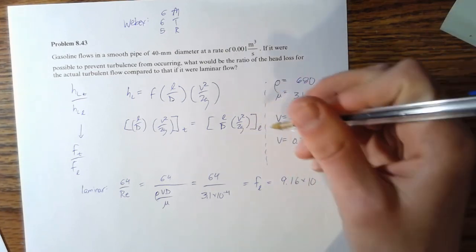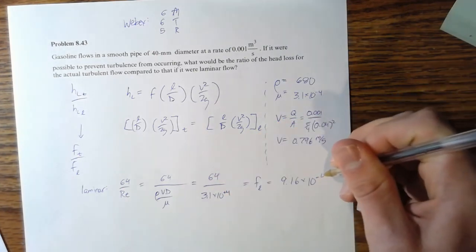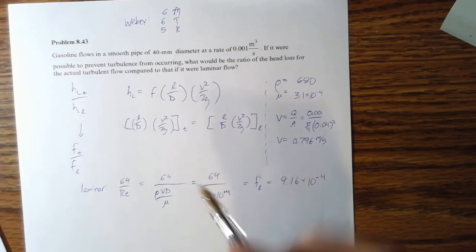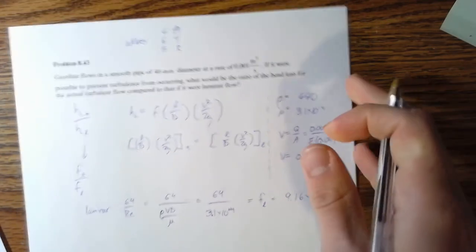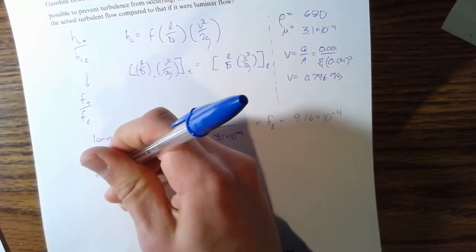Oh, sorry. This is supposed to be to the positive 4. There we go. So 3.14 times 10 to the fourth, not negative fourth. Sorry. So that's your Reynolds number for your turbulent.